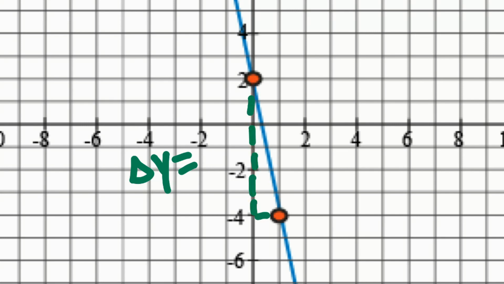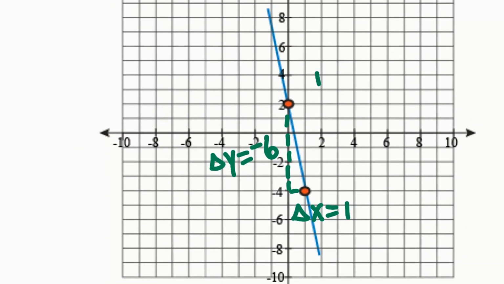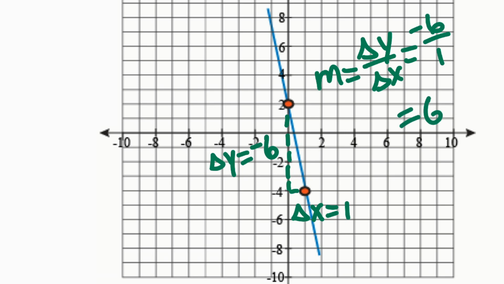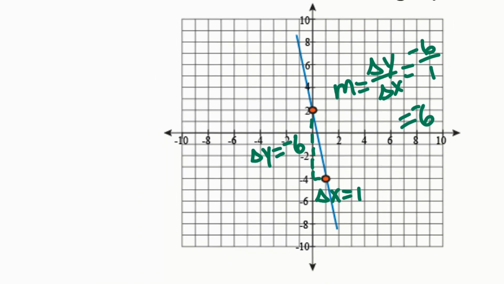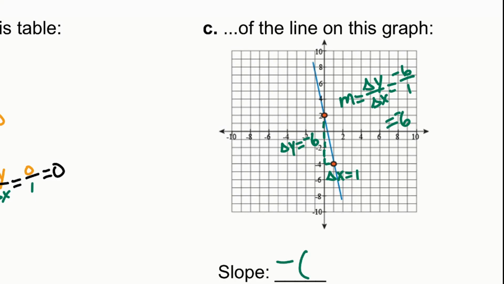So our delta y is -6. Whenever we're going down, the delta y is negative. And our delta x is to the right 1, remembering that slope is equal to delta y over delta x. -6 over +1 equals 6, or -6, excuse me. So here our slope is -6.